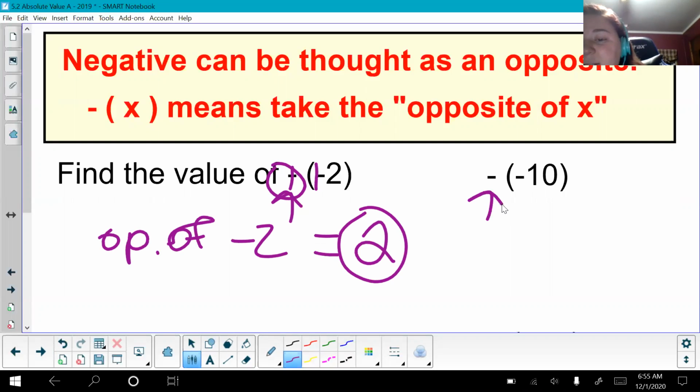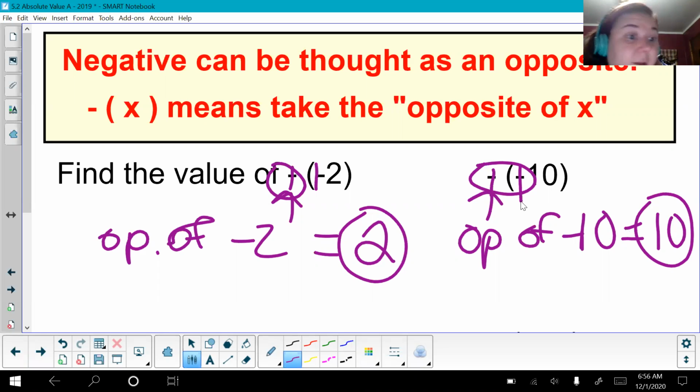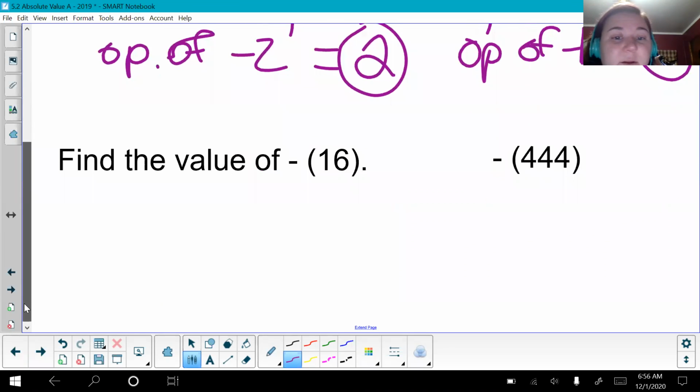Again, this says take the opposite of a -10, which is 10. To prove my point, these two negatives, the opposite of an opposite, really means to cancel them out. So it becomes 10. Now look down here.